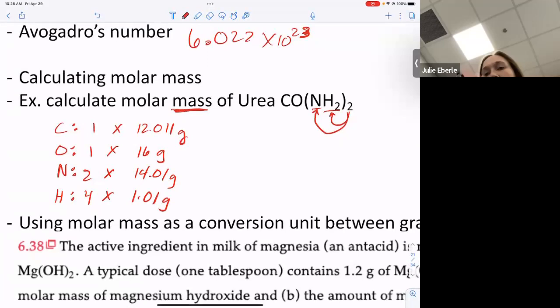So you multiply all of these up. And then we're going to add all this up.